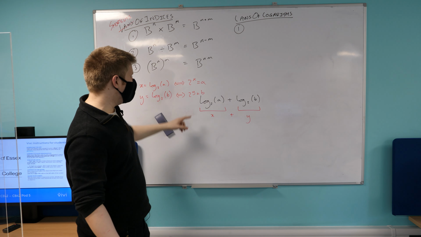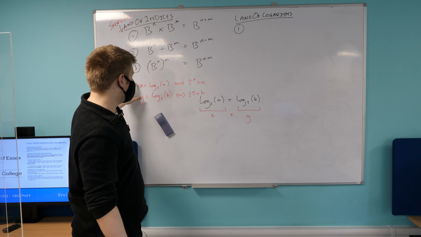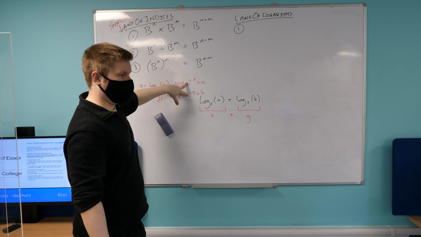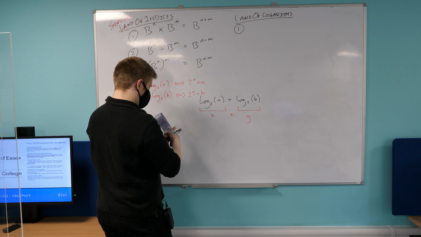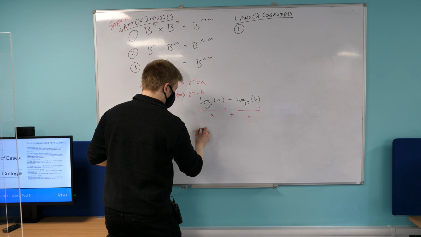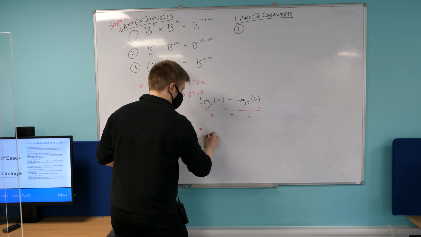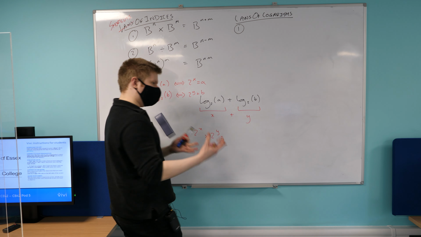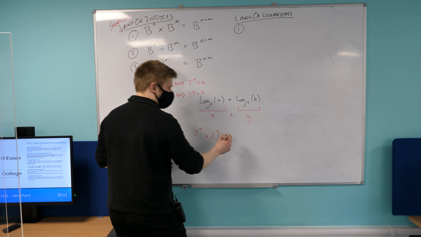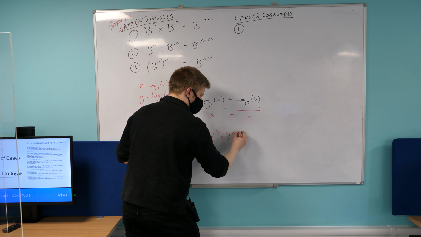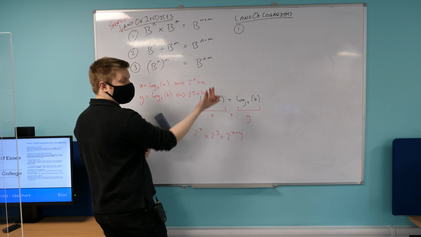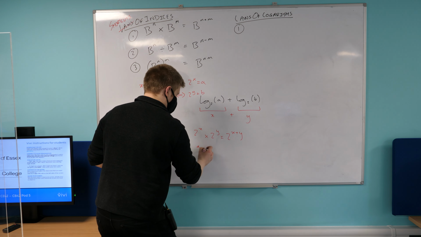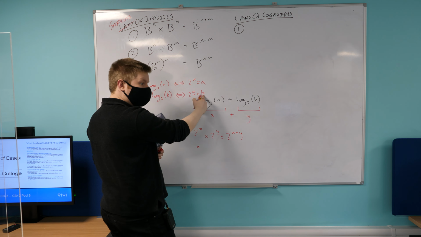Because I'm dealing with these two logarithms, I know that if I multiply 2 to the power of x times 2 to the power of y, that should be the same as 2 to the power of x plus y. Happy with that? And are you happy that 2 to the power of x is just a, and 2 to the power of y is just b?